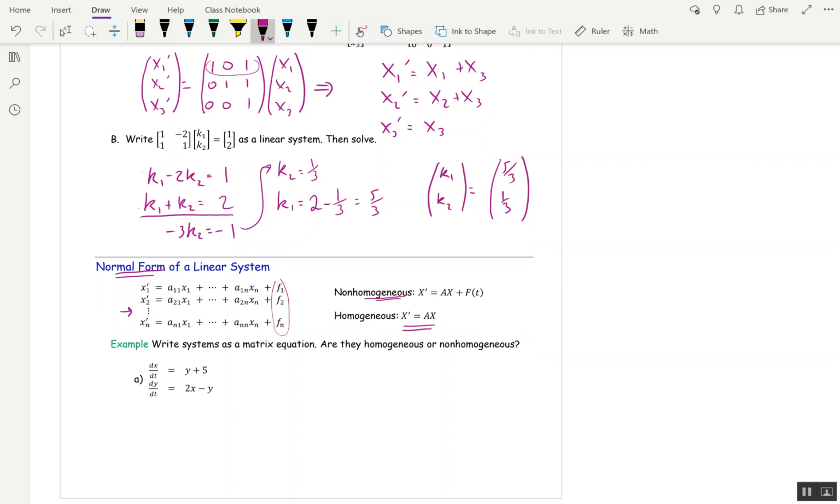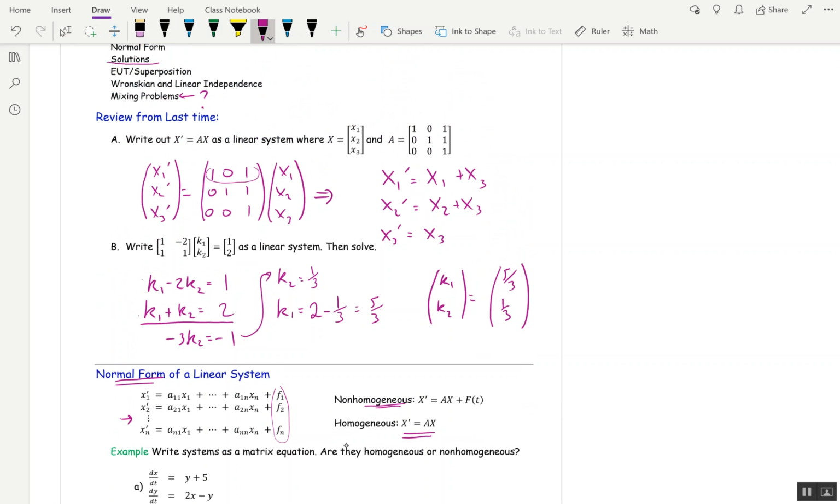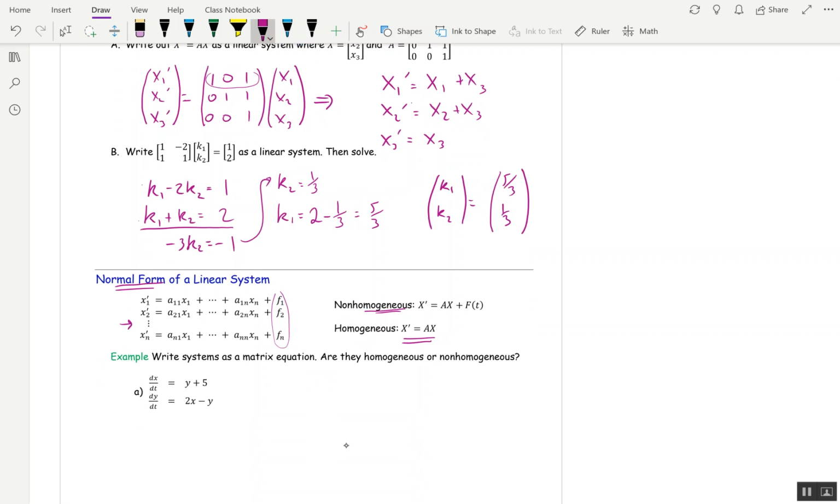So here we're going in the opposite direction from the first example we did. In that example, I had a matrix equation, and I wrote it as a linear system in three equations with three unknowns. Now I'm starting with a linear system, and I want to write it as a matrix equation.